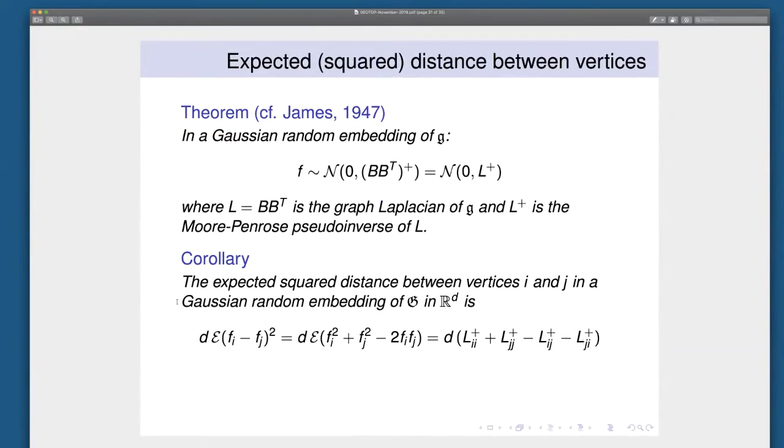And of course, if I take the expectation of the sum of a bunch of these squares, because I embedded in R^d, I just multiply by d. So this tells us that the vertex positions can be read off from the pseudo-inverse of the graph Laplacian. That's already interesting because we're reading out geometry from the structure of the graph directly.